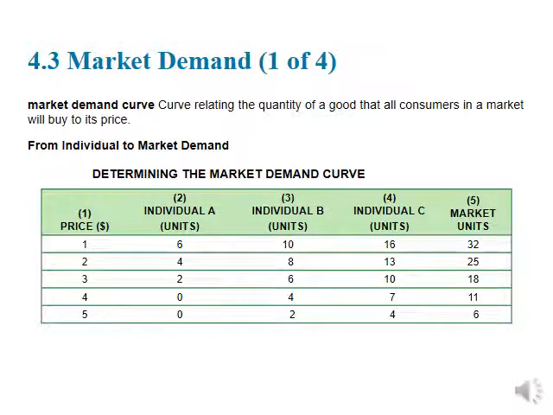So in this case, at a price of 1, individual A is demanding 6 units, individual B is demanding 10 units, and individual C is demanding 16 units, with the market demanding 32 units. Taking it back to individual demand for a second, remember what Becker and Stigler taught us, that all there is is utility maximization.